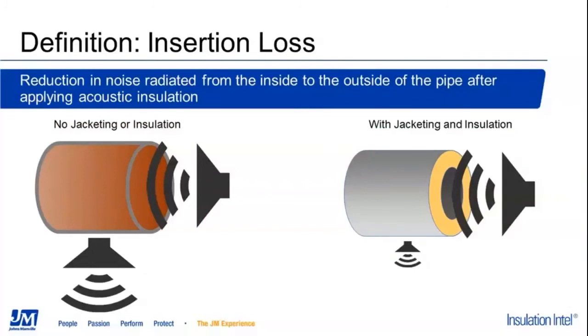So you would basically take a measurement of the noise level outside the pipe with no acoustic treatment on it. Then you would apply your acoustic treatment, measure the noise level again, and the difference between those two noise levels is basically your insertion loss, or the amount of reduction in noise level that you were able to achieve.